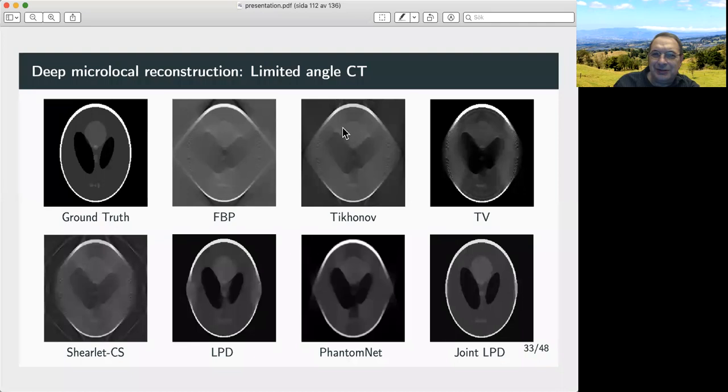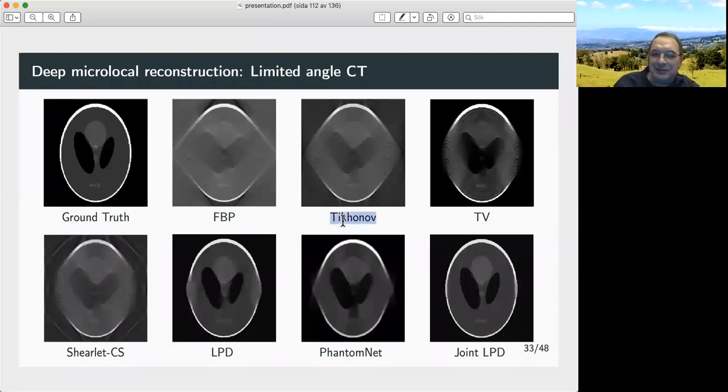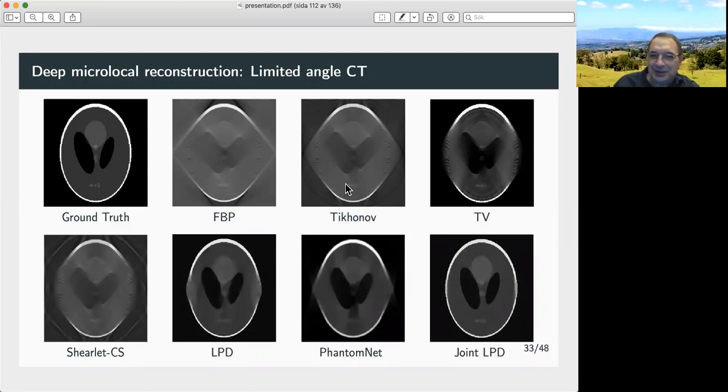I'm not following you. Take the Tikhonov phantom and compute the X-ray transform of it. Yes. And invert it with your method. You're going to get the joint LPD or something like this, right? Yes. And that will be wrong because this is not the original.